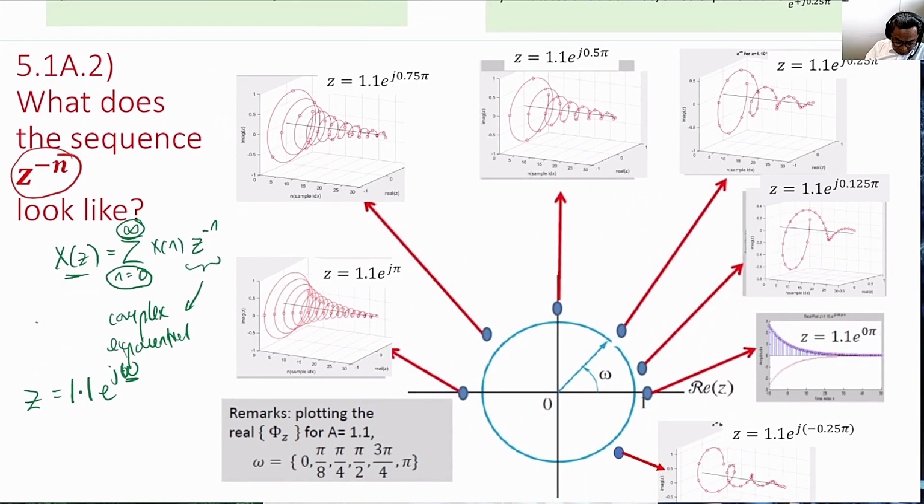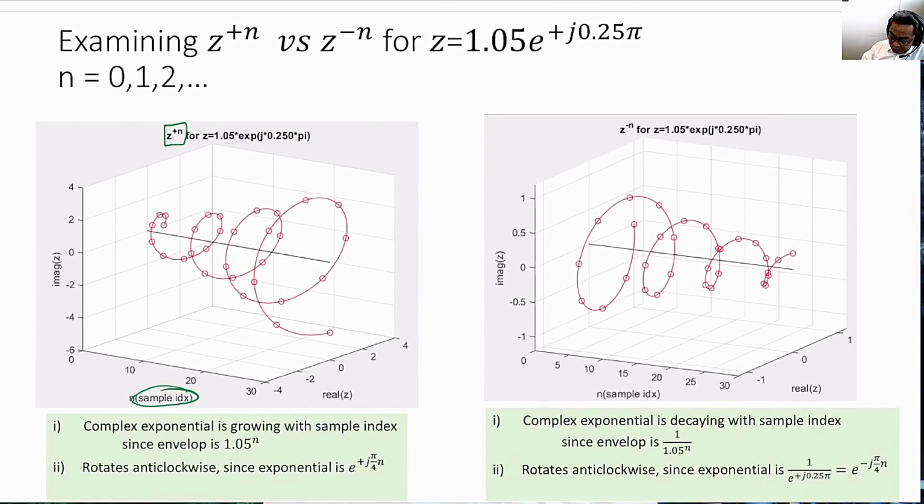Now, in the previous slide, we have seen that when z is a positive number greater than 1, the complex exponential will decay. The reason that it is decaying is because we are plotting z minus n, which is 1 over z to the n.